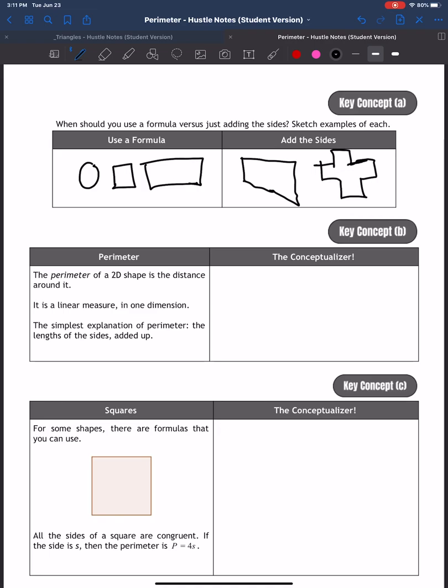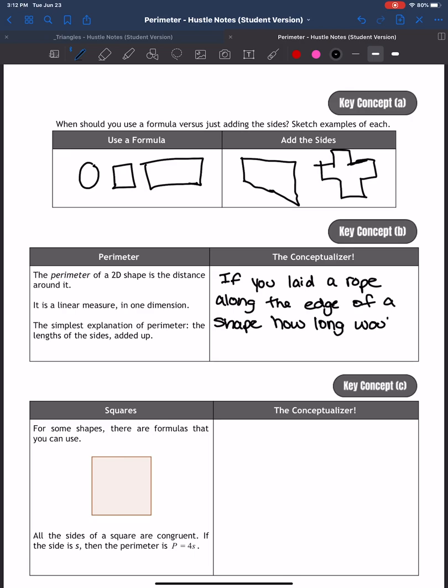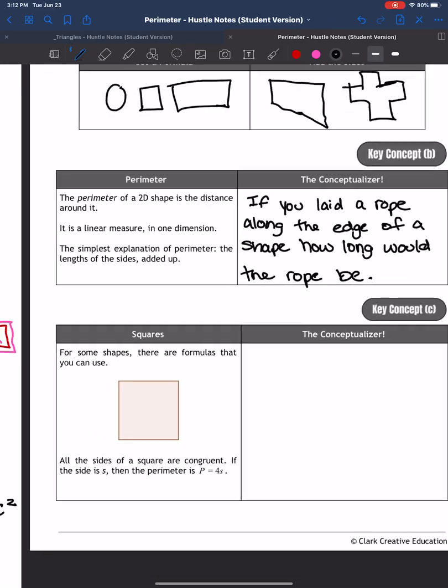That is basically how you're going to think about it. For some shapes, there are formulas that you can use, like we talked about on the first page.